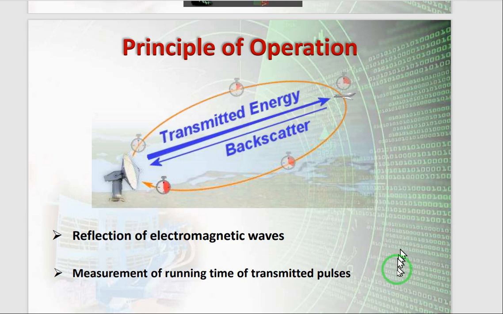That means a radio wave is sent in the air, and when it hits the object, it is reflected back. It calculates the incoming and outgoing time, and as a result it gives the distance of the object, along with the identification.